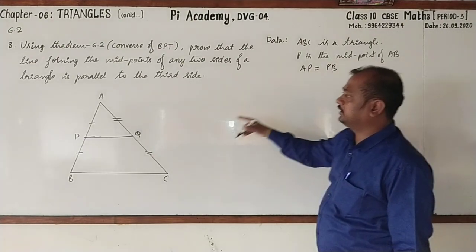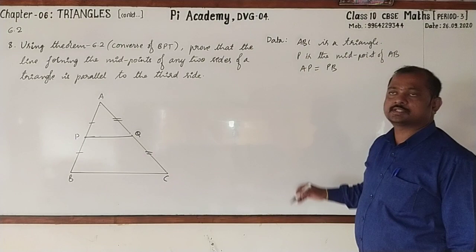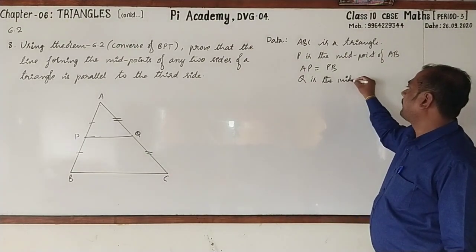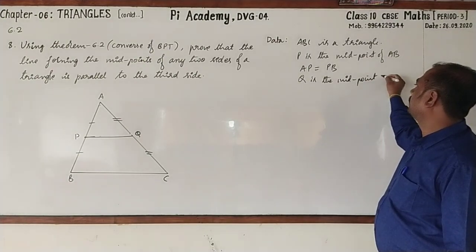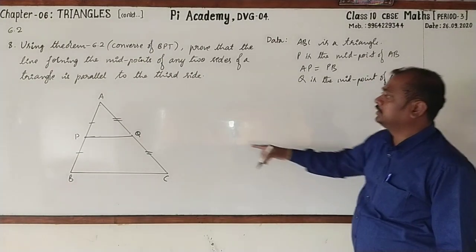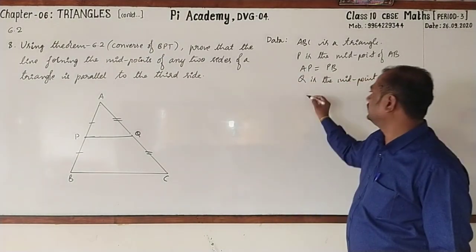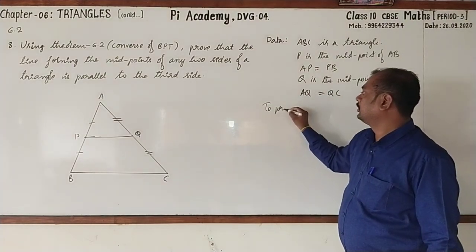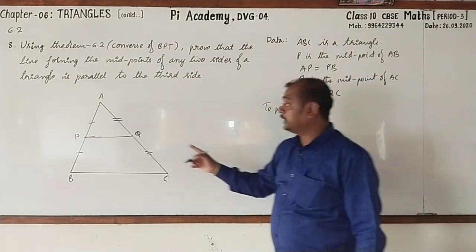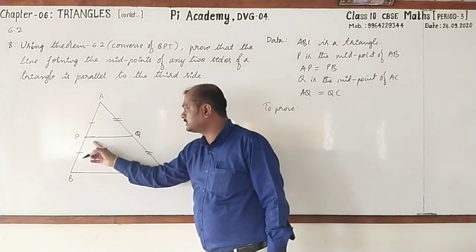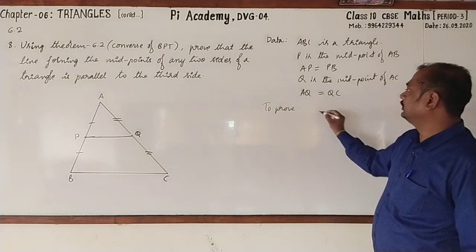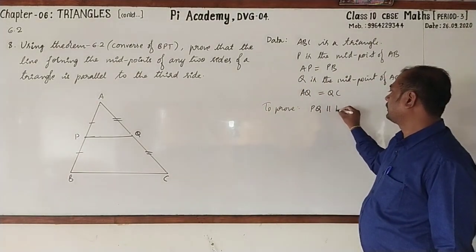Next, similarly, Q is the midpoint of AC. Then AQ equal to QC. To prove, what we are going to prove? The line joining the midpoints of two sides is parallel to the third side. That is PQ parallel to BC.